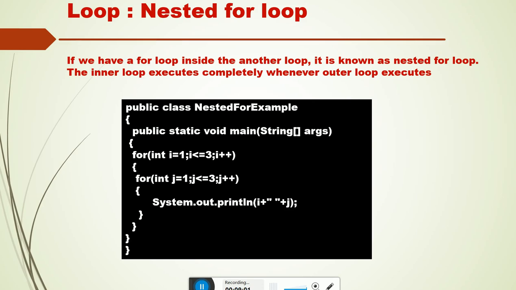This is the first for loop. Inside the first for loop we can write another for loop, that is, j equals 1, j less than or equal to 3, and j++. And now we have to print the values of i and j. So it will print 1, 2, 3 like that, 1, 2, 3 like that. A loop inside another loop is known as a nested loop.